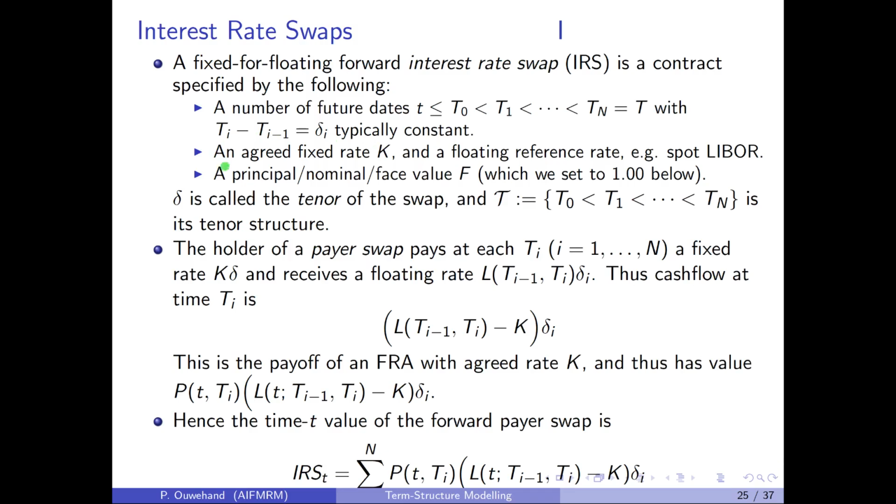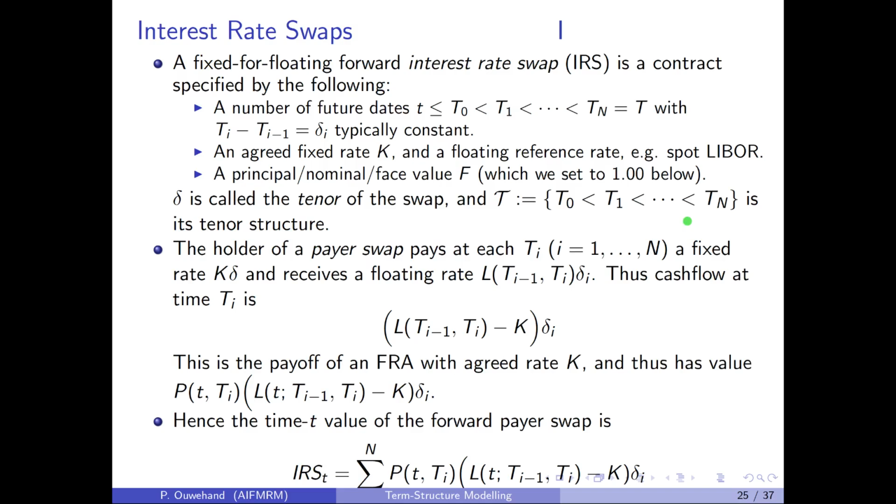We also have an agreed fixed rate K and a floating reference rate, which we shall again call LIBOR. And then we have a principal or nominal or face value f, which again we will set to 1. The length of the time interval between successive dates ti, delta, is called the tenor of the swap, and the collection of dates is its tenor structure.